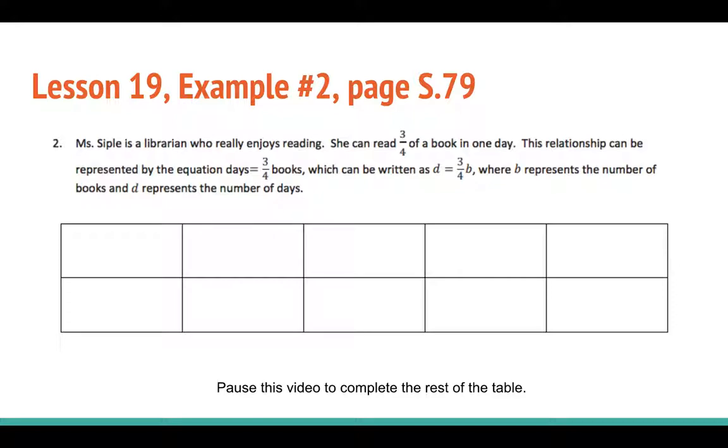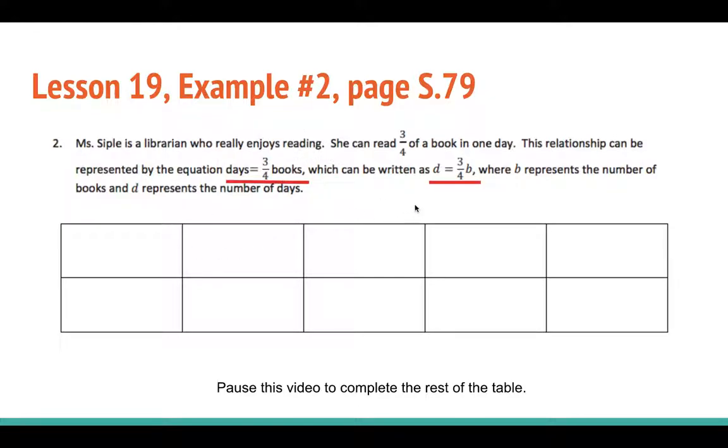Which can be written as D equals 3/4 times B, or 3/4 B, where B represents the number of books and D represents the number of days.